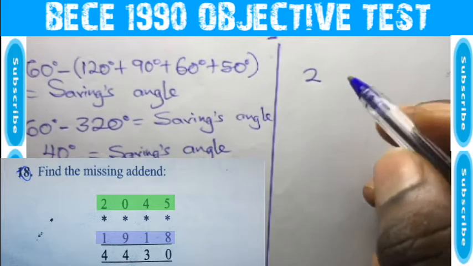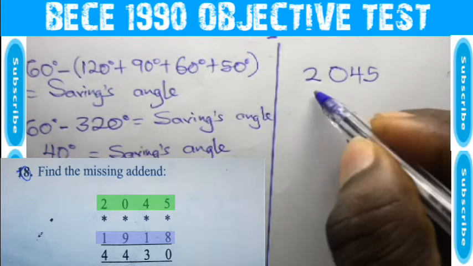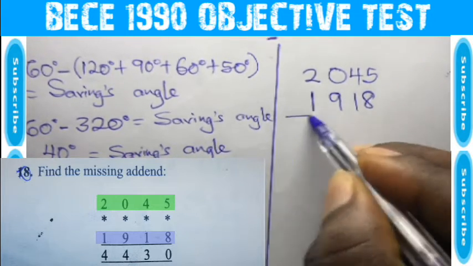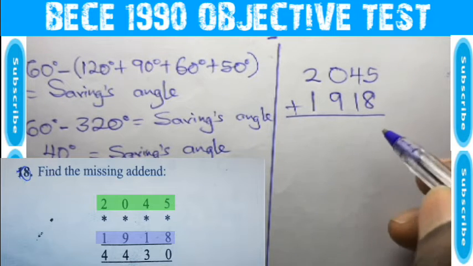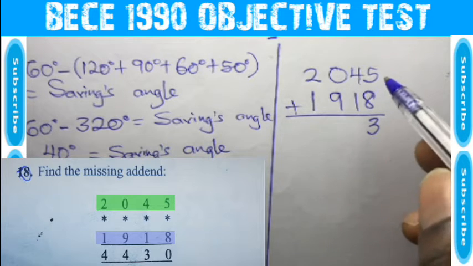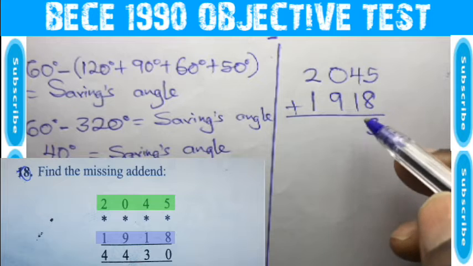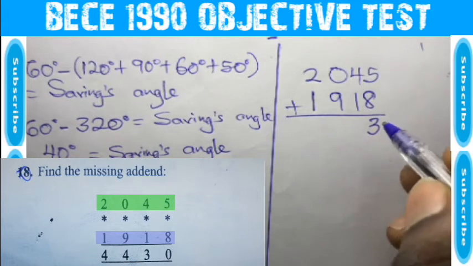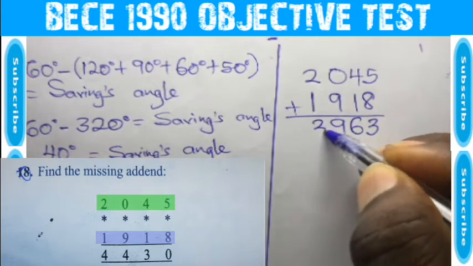We have 2,045, and then we have 1,918. So we find the sum. We add these two, we have 13. We write 3, remainder 1. 4 plus 1 gives us 5, plus the remainder 1 gives us 6. 0 plus 9 gives us 9. 2 plus 1 gives us 3.